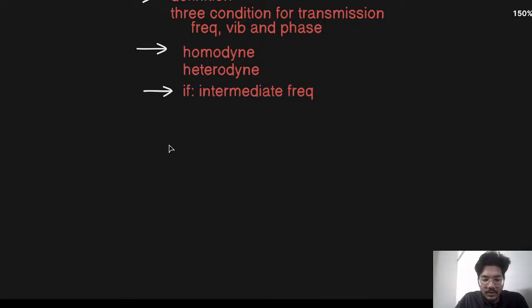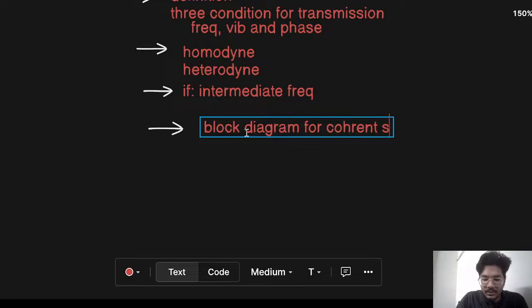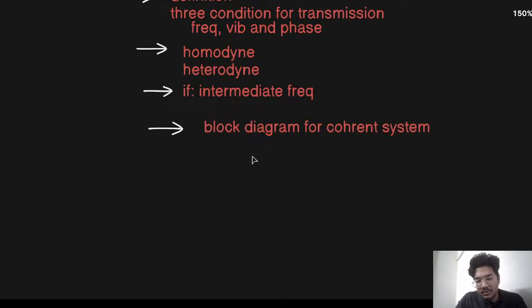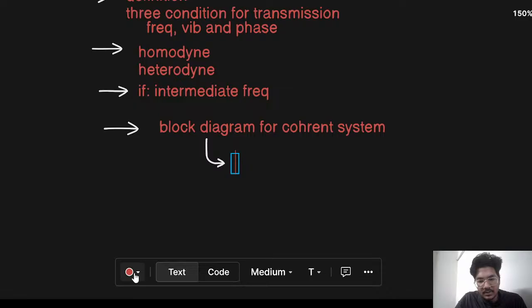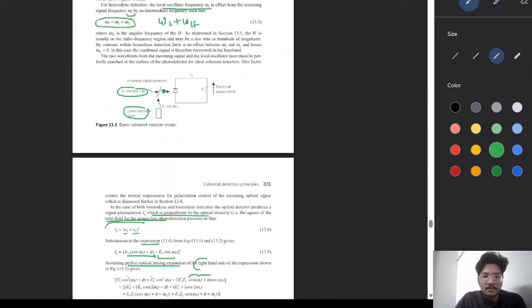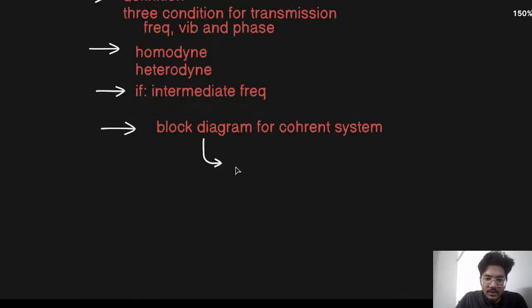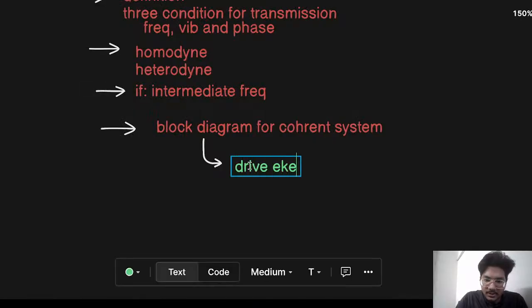Now we see the block diagram for the coherent system, in which we see the optical transmitter and drive electronics.